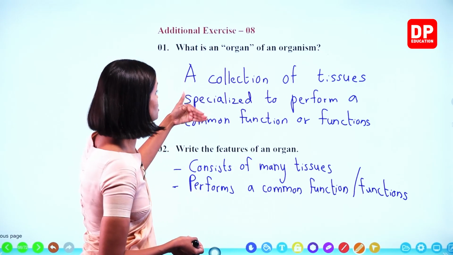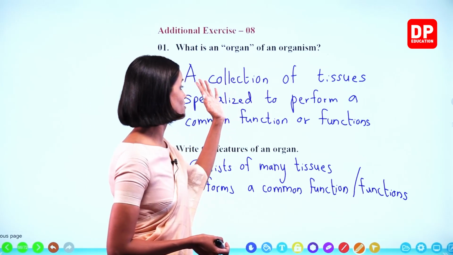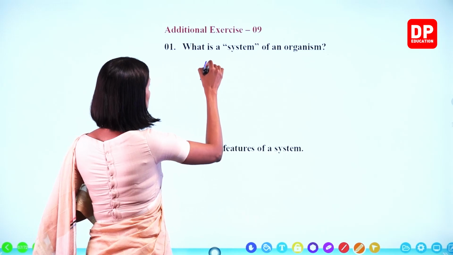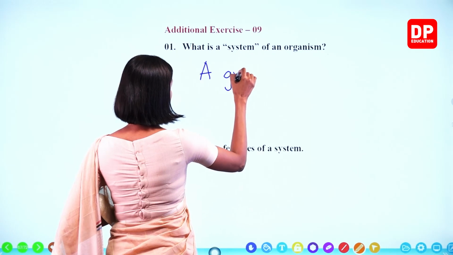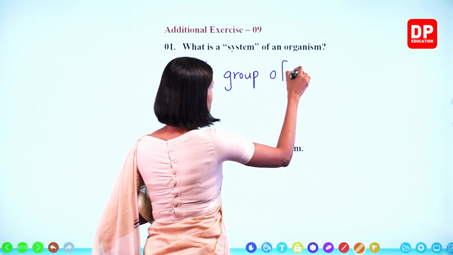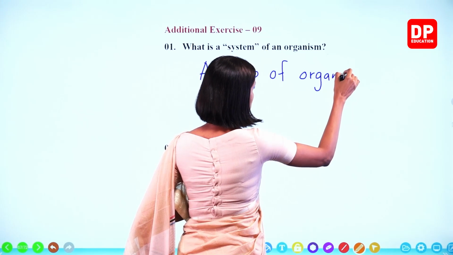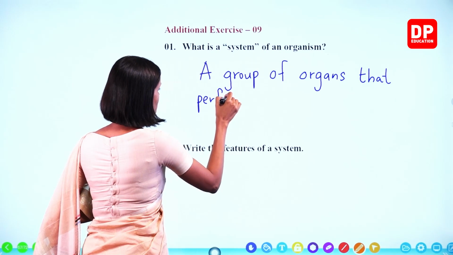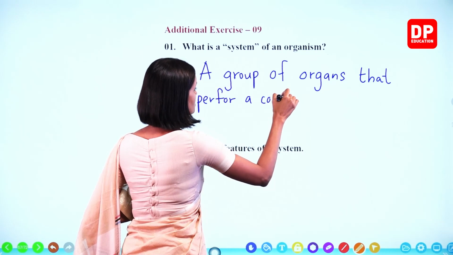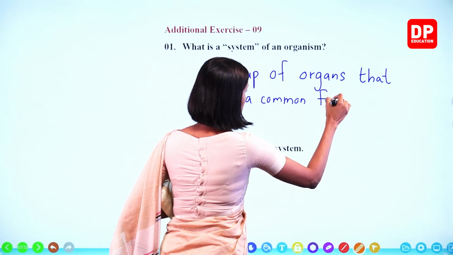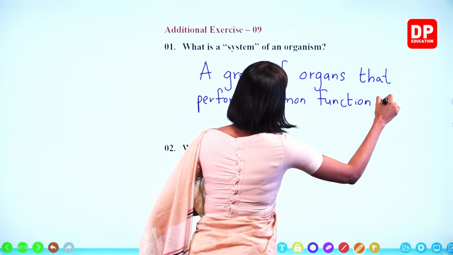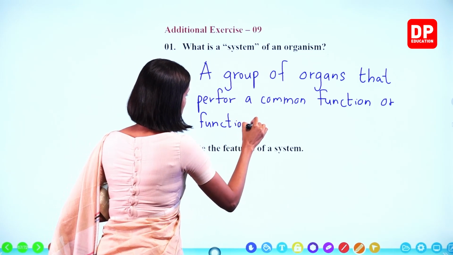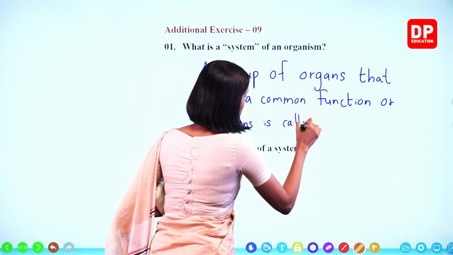A system means a collection of organs specialized to perform a common function or functions.